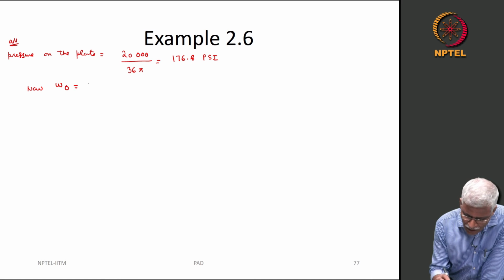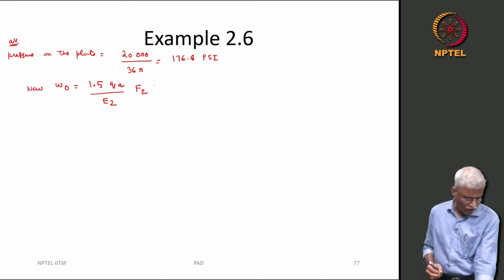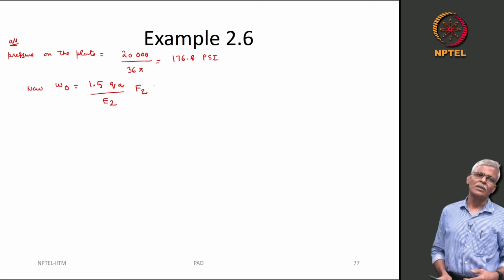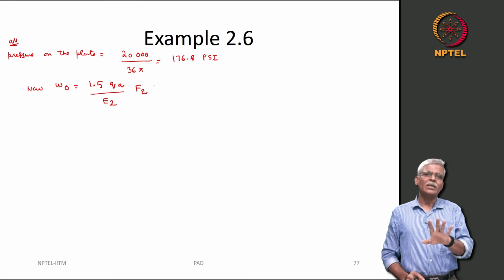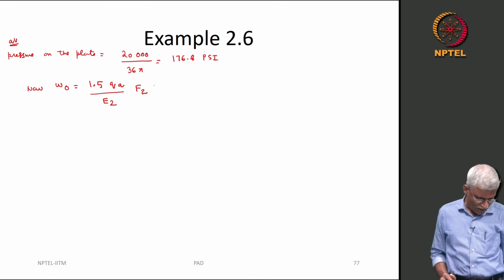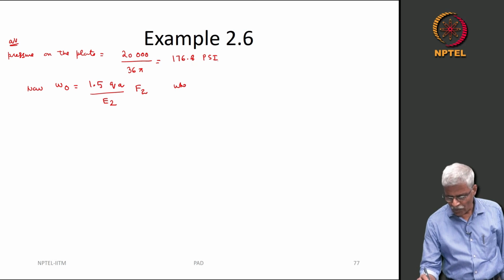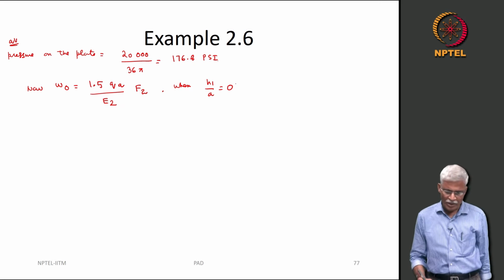So, now W naught is 1.5 Q times A divided by E2 times F2. This is what we have written, right. Where is this written? This is written in the chart, and this is basically for what is really called the flexible plate. Now, when H1 by A is equal to 0, what can happen?